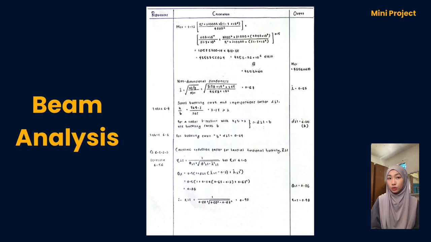Phi equals 0.5 times open bracket 1 plus 0.34 open bracket 0.67 minus 0.2 close bracket plus 0.67 squared close bracket, and the answer is 0.80.